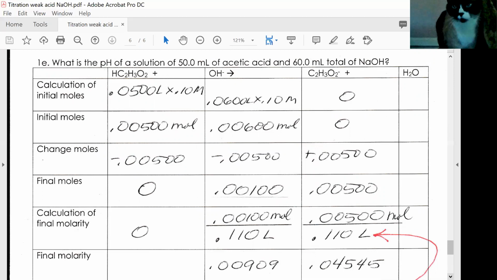So for our calculation of initial moles, we only have acetic acid and hydroxide. We have 0 acetate. So for our change of moles, we once again have a situation where it's a limiting reagent. We're going to subtract 0.00500 moles from our acetic acid.